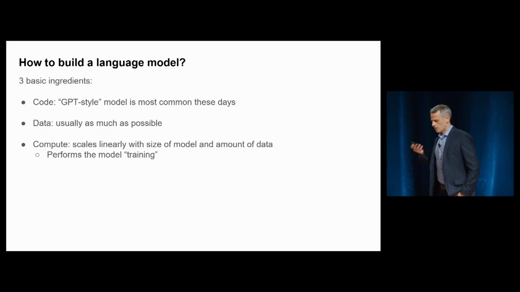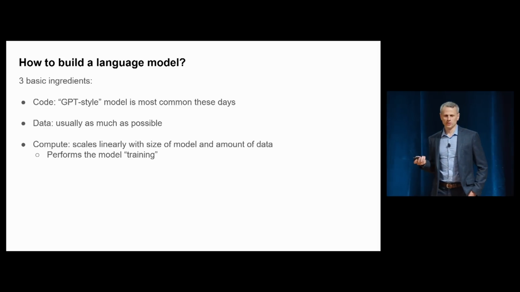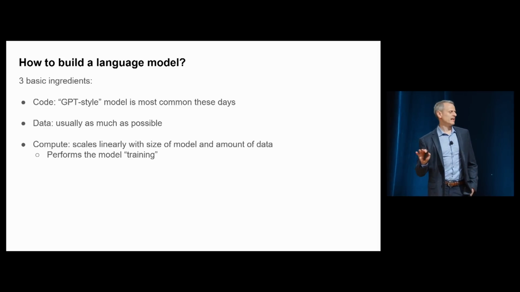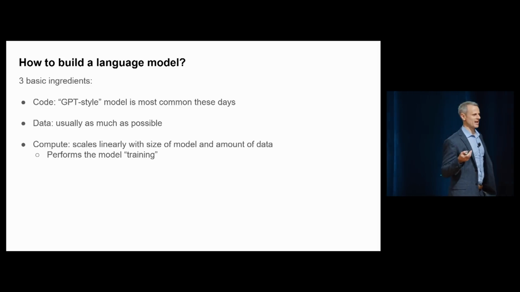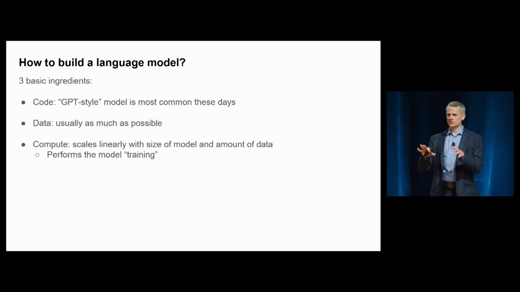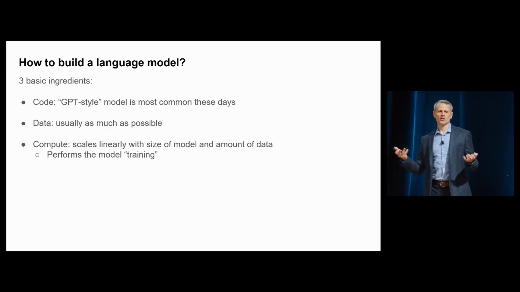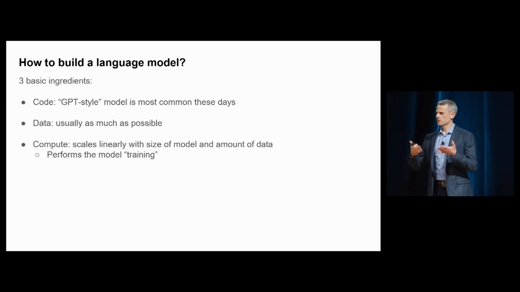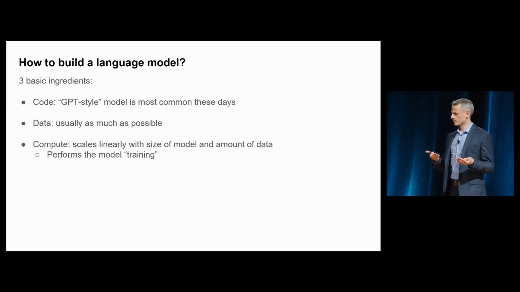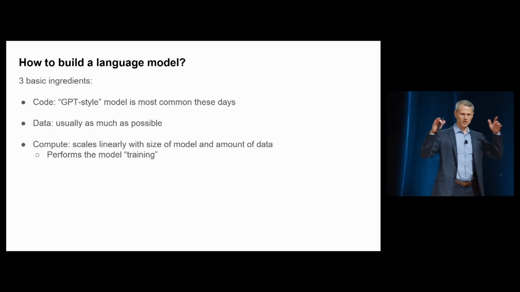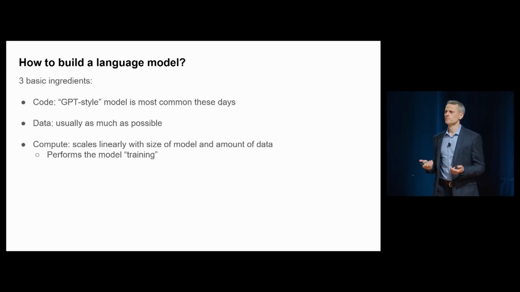So what does one need to do to build a large language model? Very briefly, at a high level, I'll divide up 3 categories that one needs to consider. One is code. And by code, I don't just mean the code itself, but also all the decisions one needs to make to size and shape your model.